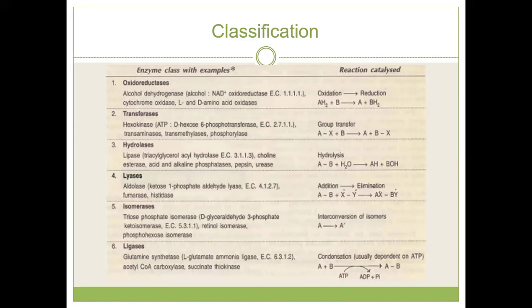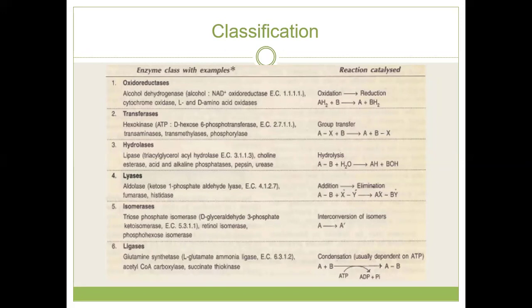In hexokinase, we have a transfer of phosphorus from ATP to a hexose. Hydrolases are enzymes that catalyze hydrolysis reactions, the addition of water that ends up in breaking a bond.